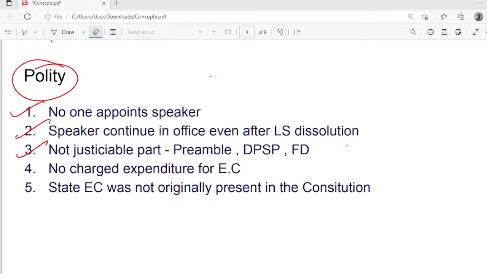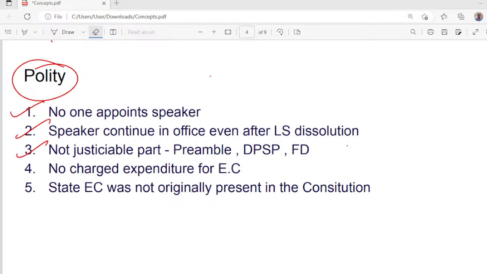But I'm saying the Election Commission is not getting a charged expenditure, because normally they should have. They are also a constitutional body, right? The Election Commission is a constitutional body, but they are not getting a charged expenditure. So who is getting the charged expenditure, sir? The answer is the President of India, the Vice President, UPSC and CAG. But the Election Commission is not getting it.